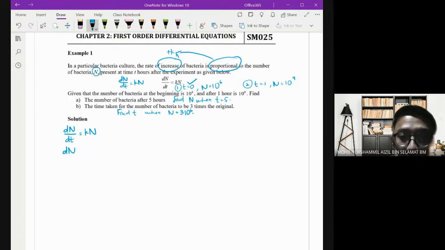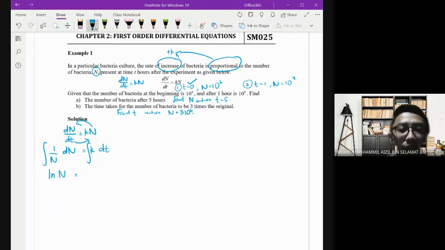So, keep n in left hand side, so 1 over n. So we bring n to the left hand side. k keep in right hand side. dt we bring to the right hand side, so dt. So we split already the variables. So we can add on integral symbol. So 1 over n gives ln n. Ln n we can keep as n only. No need to put modulus.